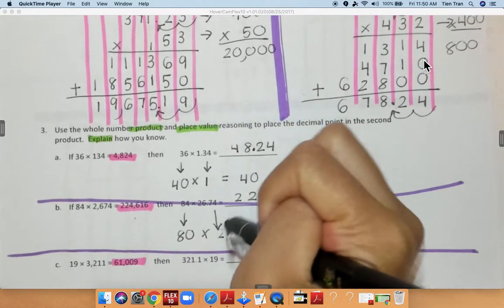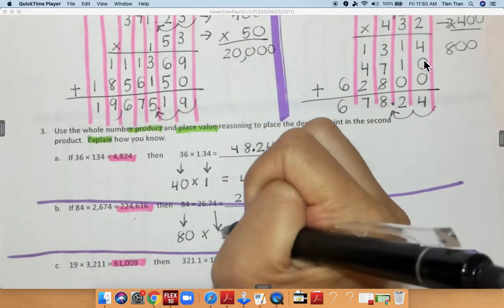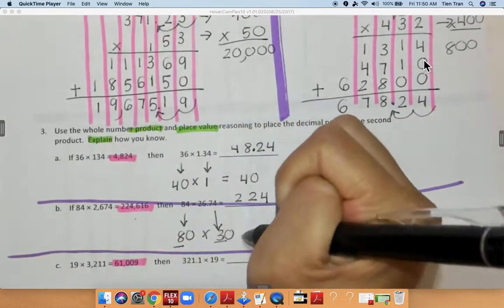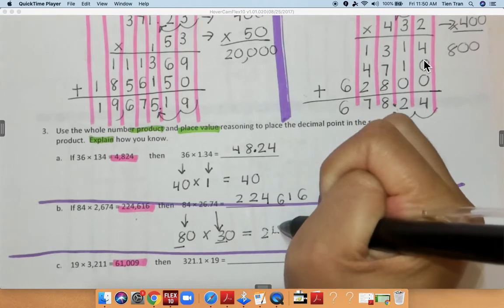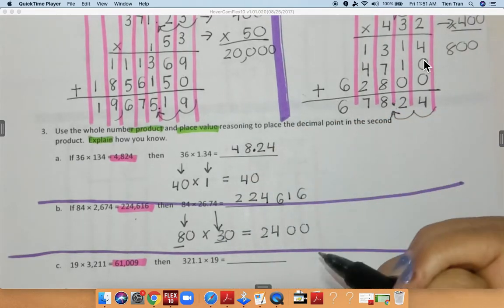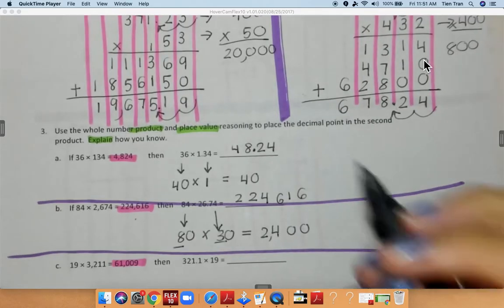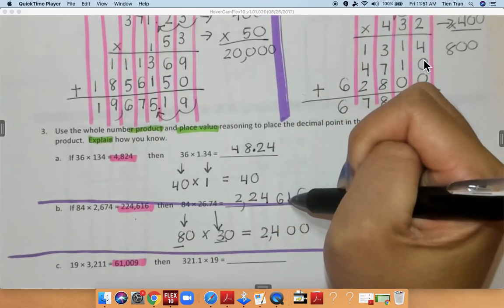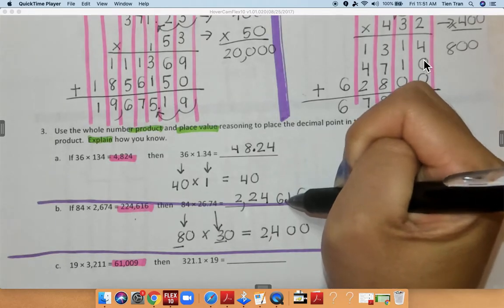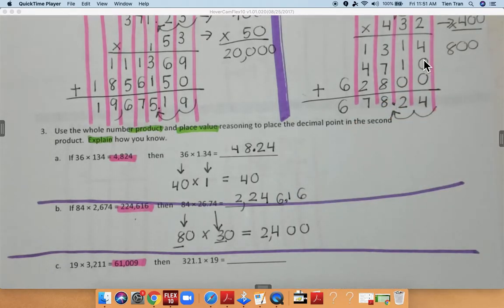Or we can even give an easier number, 30. Okay, I'm going to multiply 8 times 3, which is 24, add my 2 zeros at the end. So that means that my answer should be around 2,400. So 2,246, my decimal would go right there.